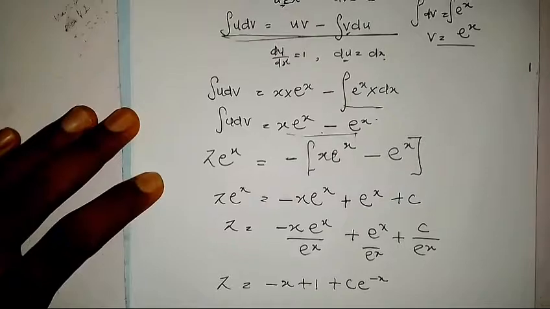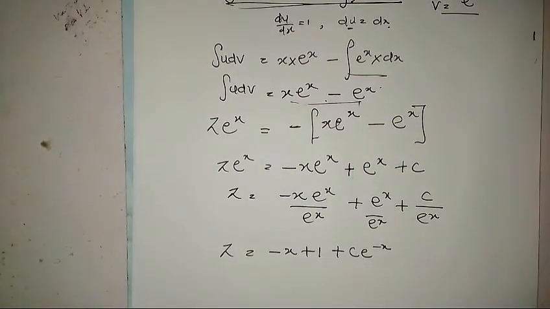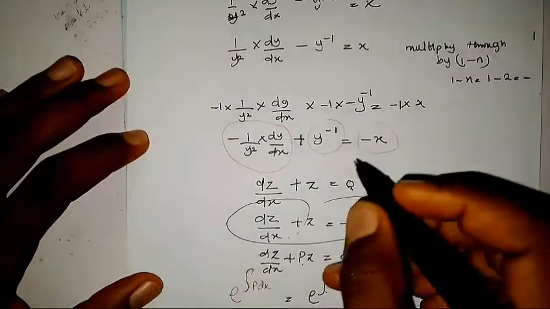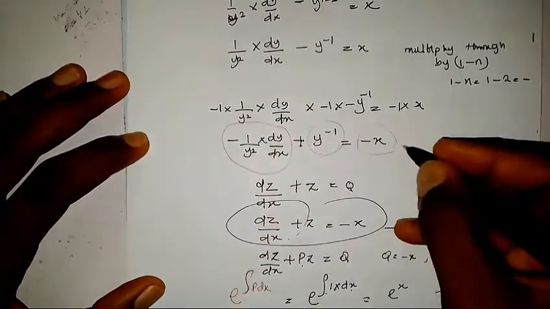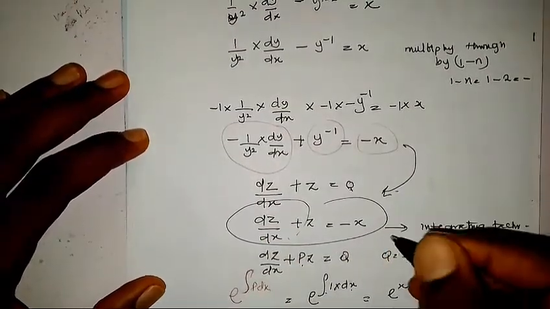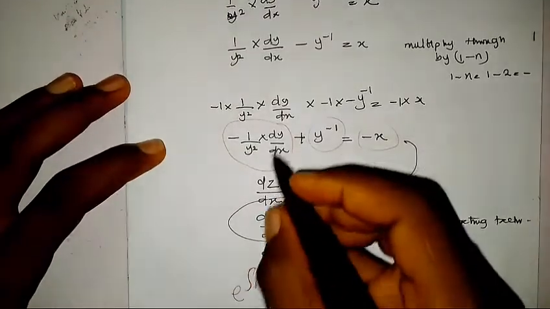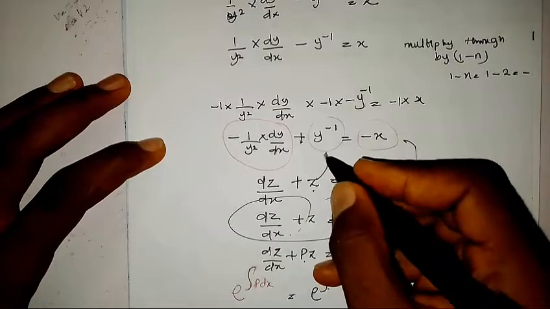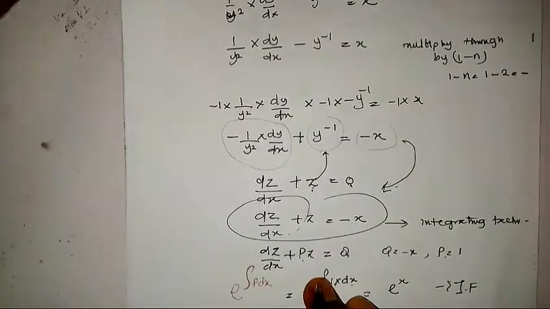Now, if you can recall, from when we drifted from this to solve using the integrating factor method, we said this is z, meaning that z is equal to y raised to the power minus 1.